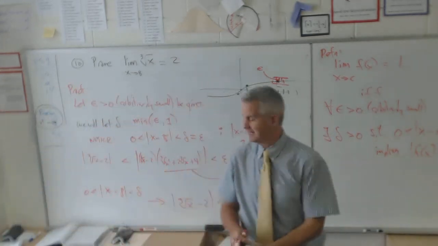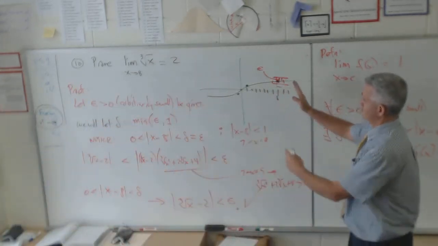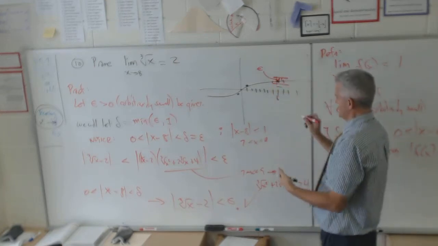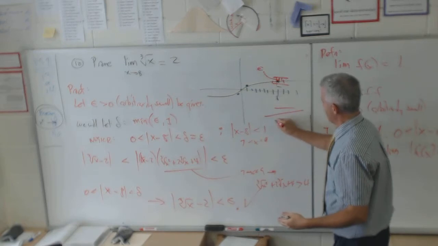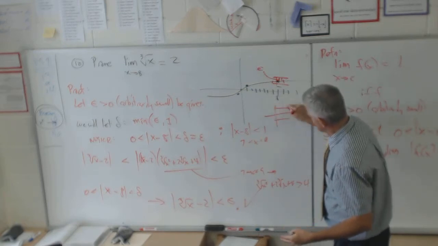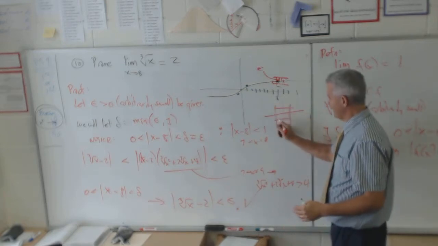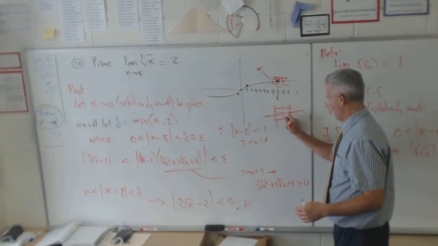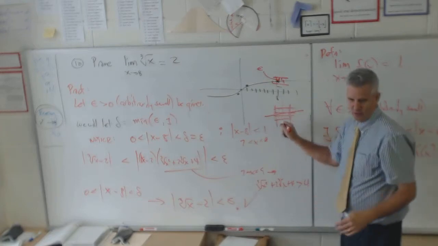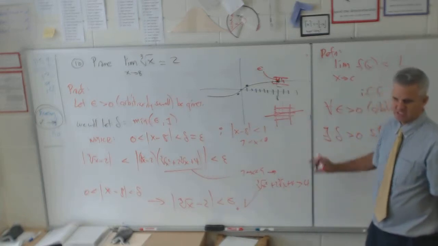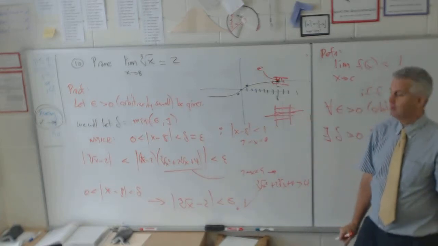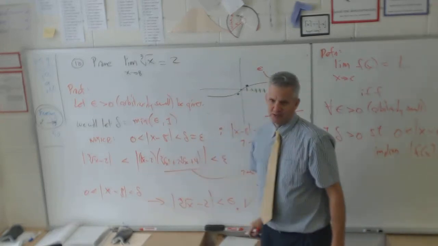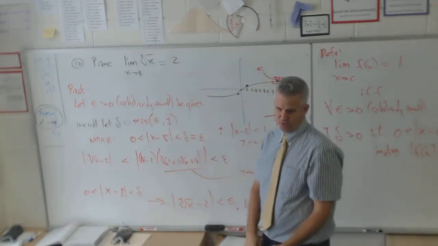We knew if we picked something by the geometry, if we picked something as small as epsilon, the way it was shaped, because it's shaped this way, if I come that distance as a square to the side, clearly all these y values are within epsilon. They're way inside epsilon of what we need to do, right? Clearly way inside. But that's the kind of trickery that you have to do to do these delta epsilon proofs.